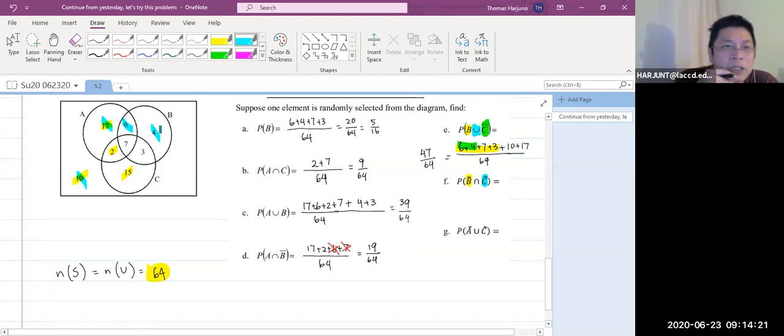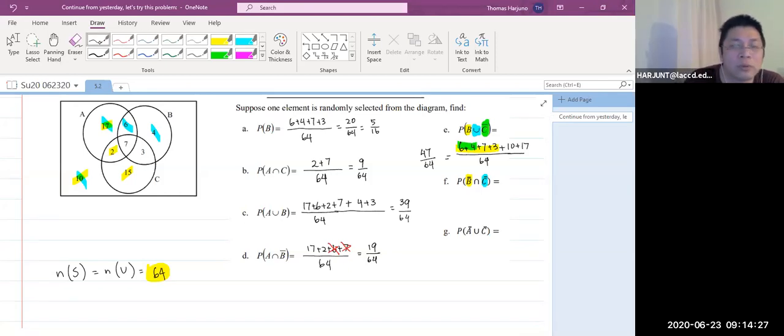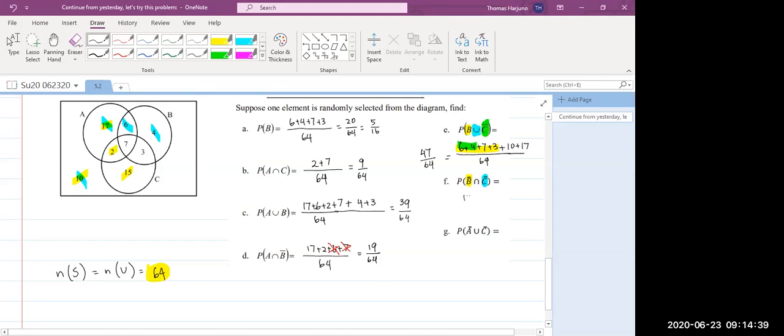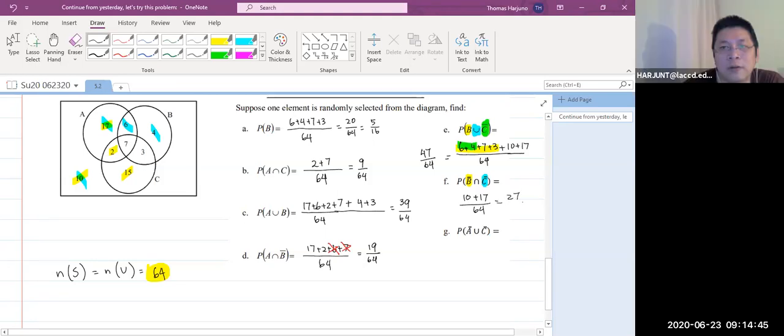Now, because it is an and, we will see the ones that satisfy both. How many elements satisfy both not B and also not C? Just 17 and 10. That's right, that's 27 over 64.